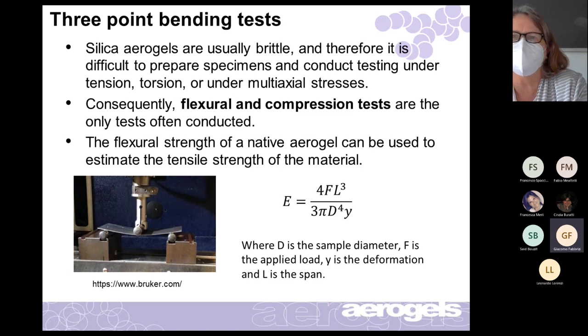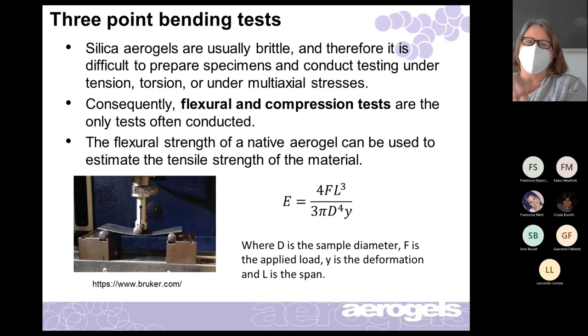Good. Okay, so another technique for testing these materials is called three-point bending. Because silica aerogels are pretty brittle, it's difficult to test them under tension. I'll show you an example of tension. You're pulling them apart, very hard to do.